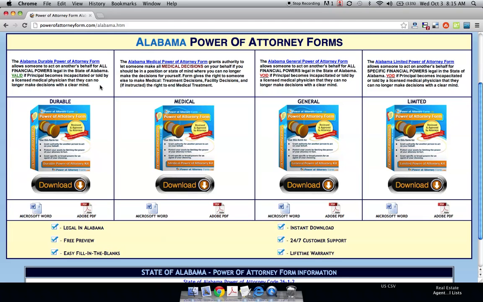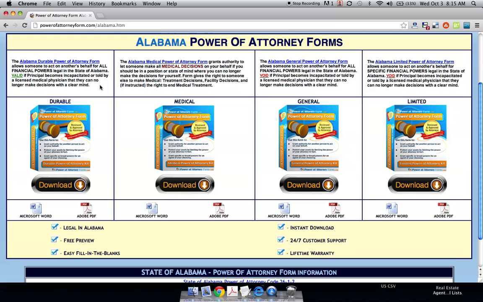Say you're out of town, or you become incapacitated, or just anytime you're any place, that person you select can act for you for financial decision-making powers. So you want to make sure, especially with the durable form, that it's somebody you can trust.